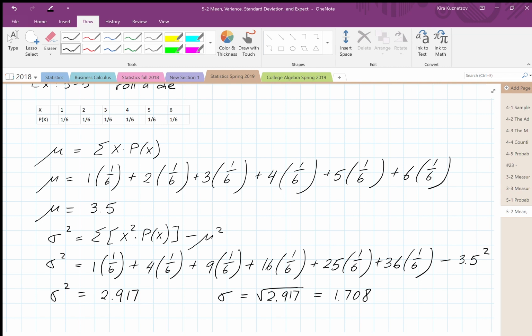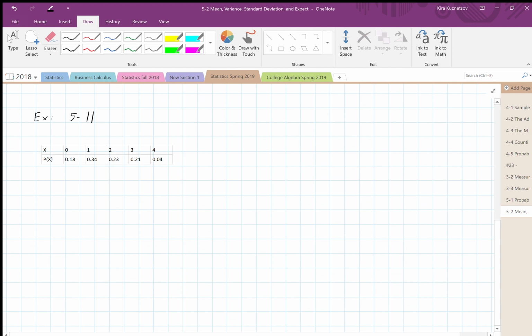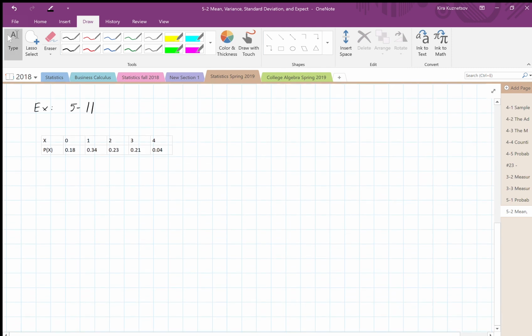My next example is 5-11, so let me correct that, 5-11. And the distribution was actually given to you. It says a talk radio station has 4 telephone lines. If the host is unable to talk during a commercial or is talking to a person, the other callers are placed on hold.